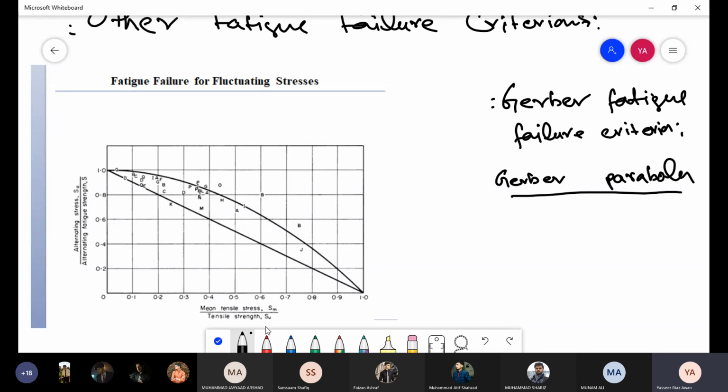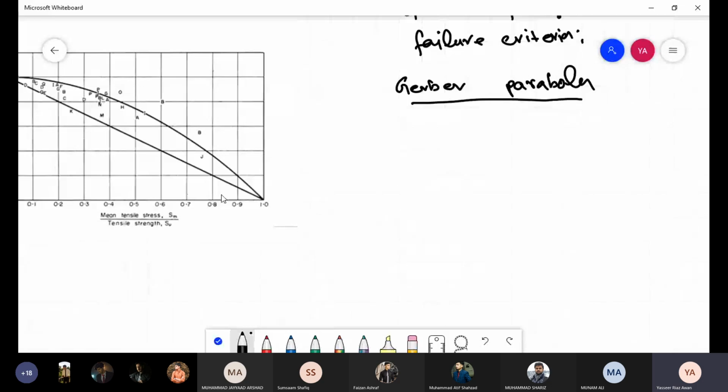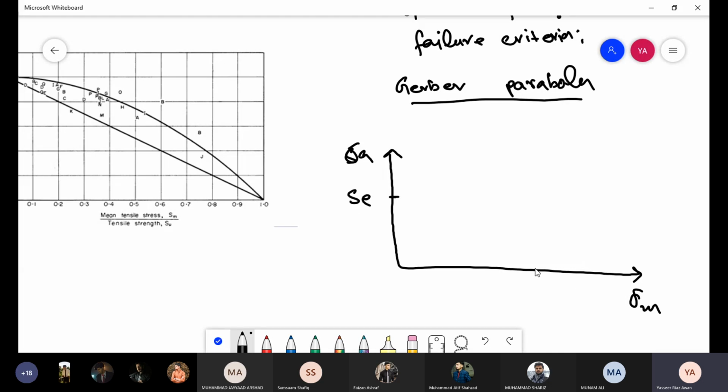Then we also have, if I draw it on the same diagram that we used previously, sigma A and sigma M. The Gerber parabola has the same limits SE and SUT, but instead of joining them with a straight line, we join them with a curve, that is a parabola.